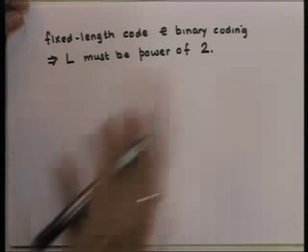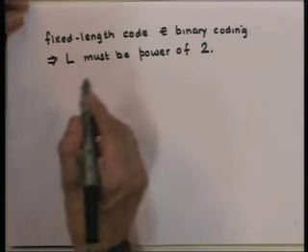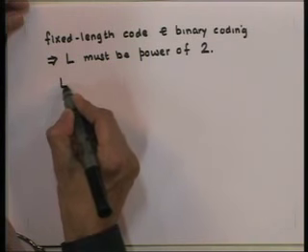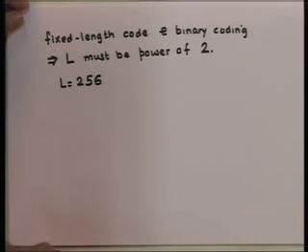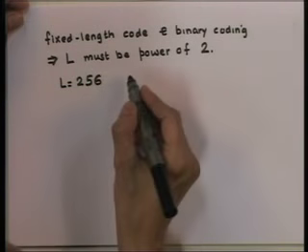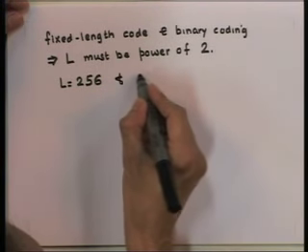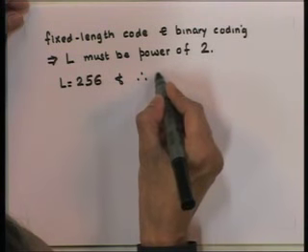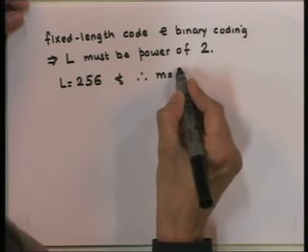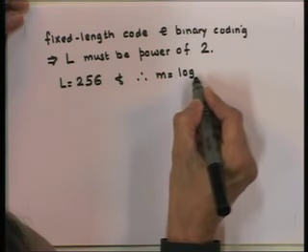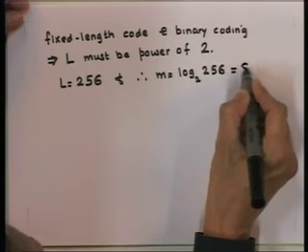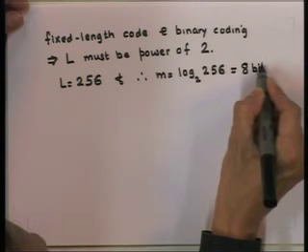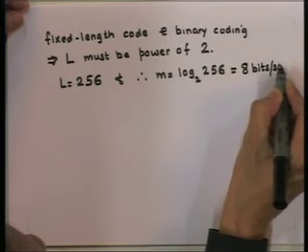Hence, the next higher value of L, that is the power of 2, is L equal to 256, and therefore, m is equal to log to the base 2 of 256, which is 8 bits per sample.